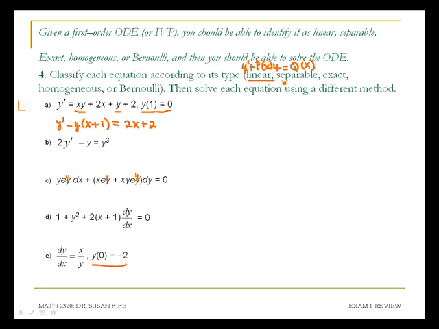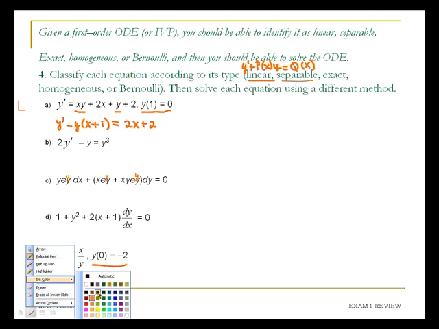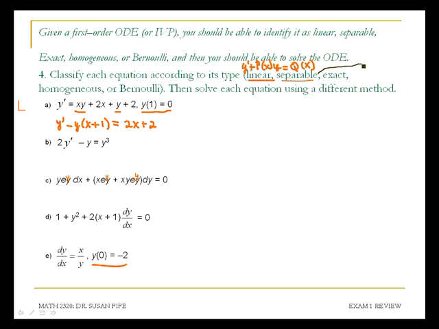Okay, now let's look at separable. To be separable, you want to be able to write the equation in the form derivative equals some function of x times some function of y. So on this first one, I do have my derivative by itself. And on the right side, again, if you group these y terms together, you could factor out a y.